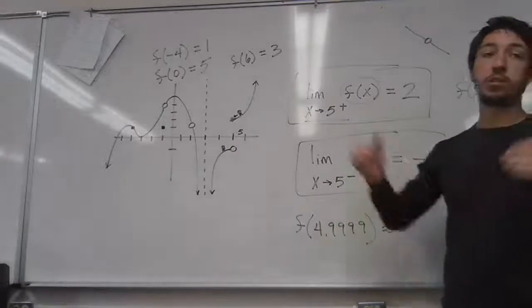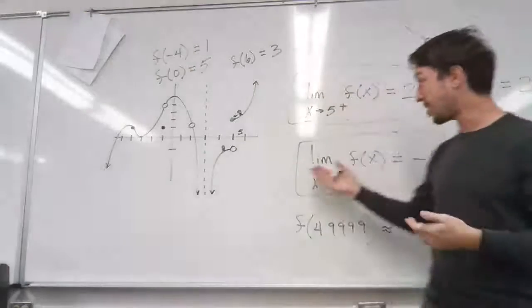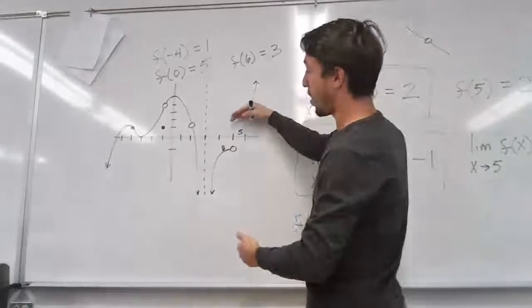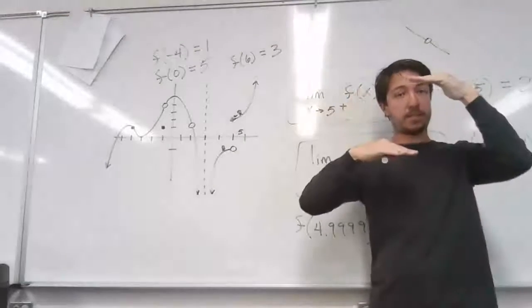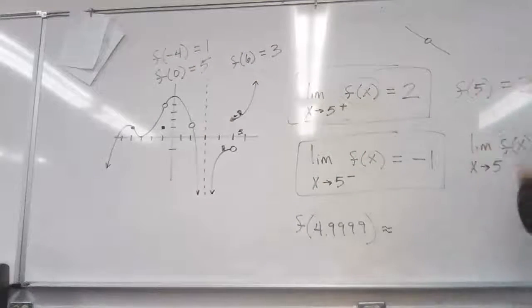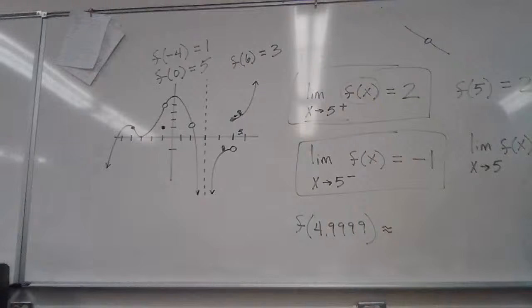But if you're approaching 2 different values, like in this case, we're approaching 2 from the right and negative 1 from the left, then the limit does not exist. You just say does not exist. This is the next one, C.